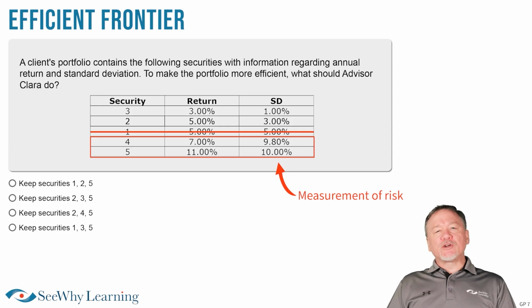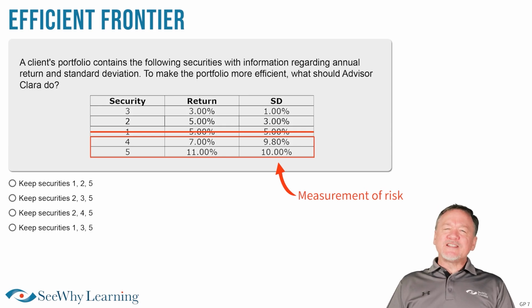Security 4 has a standard deviation of 9.8%, but at least the expected return is still pretty good at 7%. Security 5, though, is the riskiest with a standard deviation of 10%, but it also offers an expected return of a whopping 11%. Now, if we look at these two securities, we need to apply a little bit of logic here.